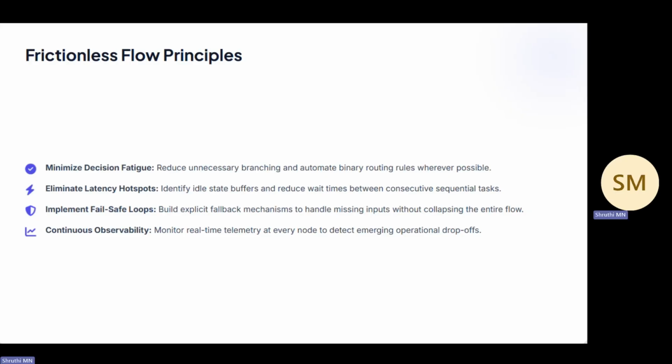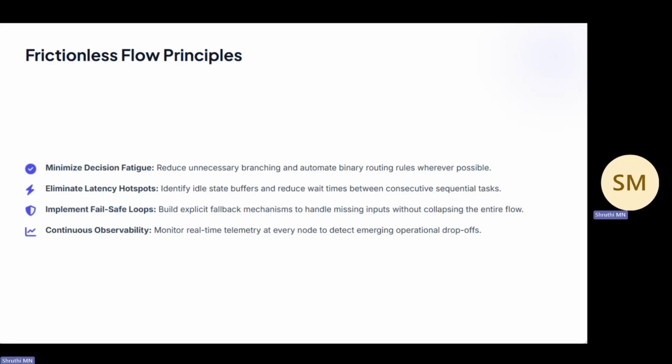The second is eliminate latency hotspots. We should identify places where a process is waiting unnecessarily and reduce those delays. The third is implement fail-safe loops. If an input is missing or something goes wrong, the flow should have a fallback mechanism instead of completely failing.